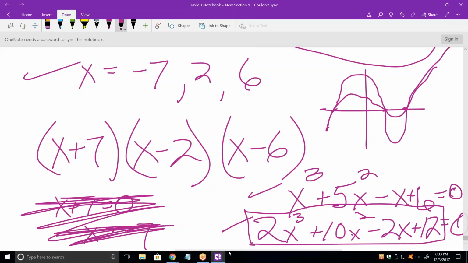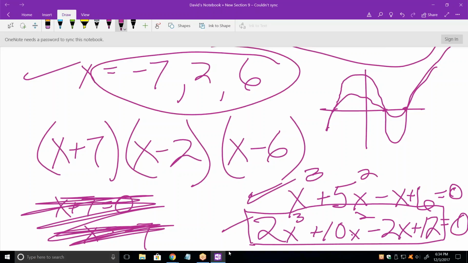So it's not just one function that has those zeros. There is an infinite number of them. In fact, you can take this polynomial that we got and multiply by any number you want. Every one of them is a different function, but every one of them will have the same 3 zeros. So zeros are the critical thing about most functions. You want to know where it crosses the x-axis.